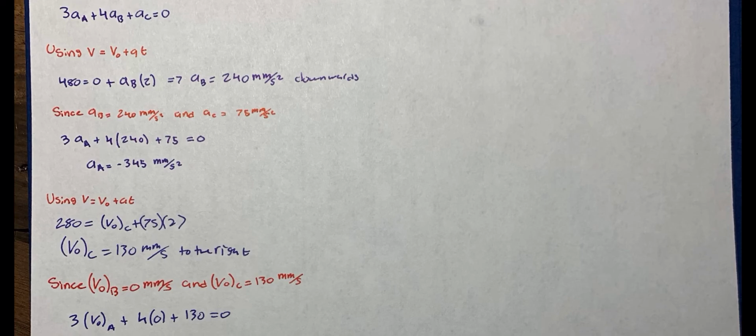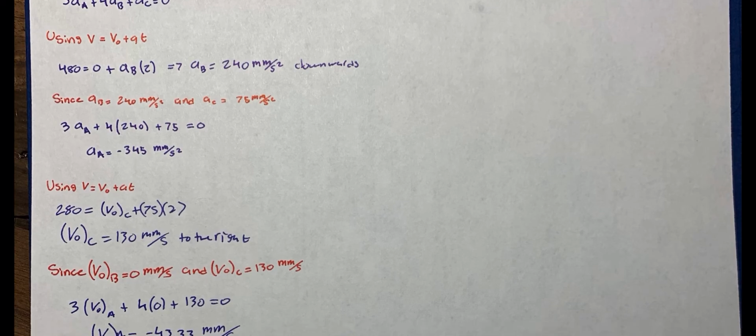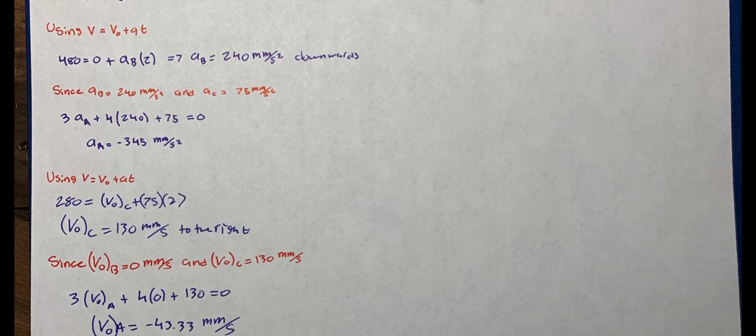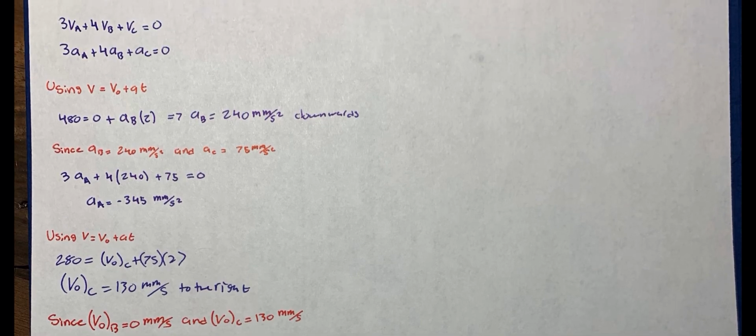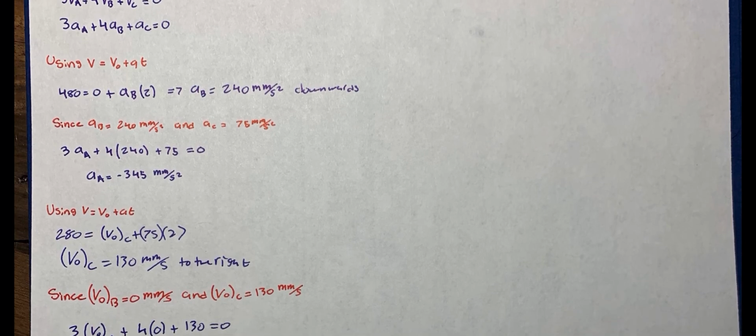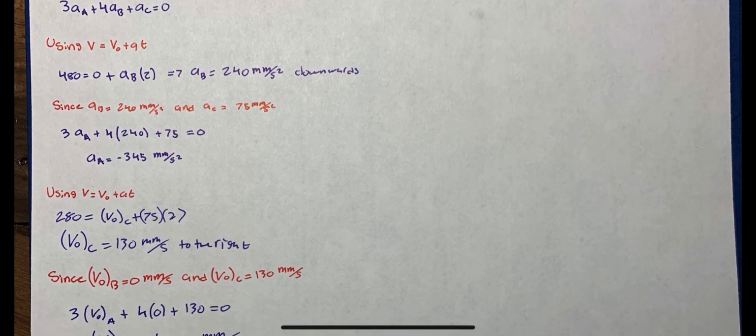And using the simple velocity equation, we can plug in our numbers and find out that block B is going 240 millimeters per second squared downwards. And then since it's going 240 millimeters per second squared downwards, and C is going 75 millimeters per second squared downwards, we can plug that into the acceleration equation, and then find the acceleration of A.